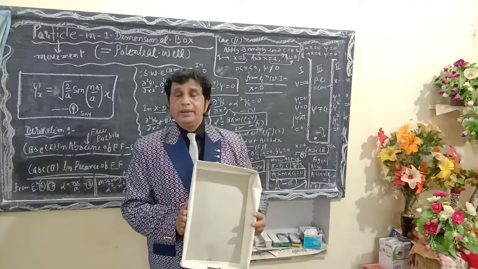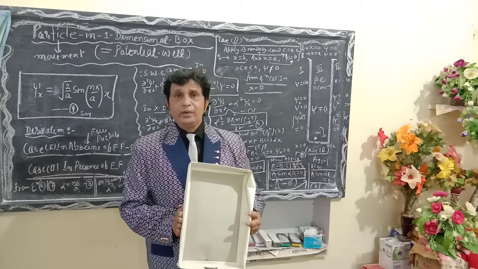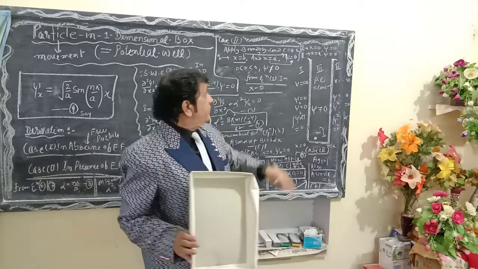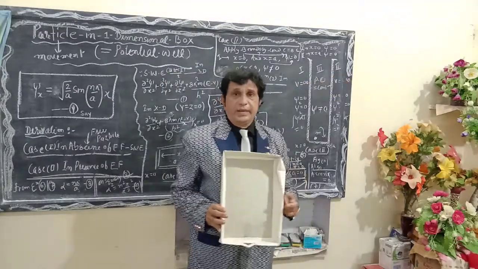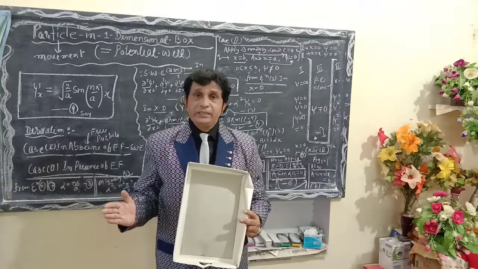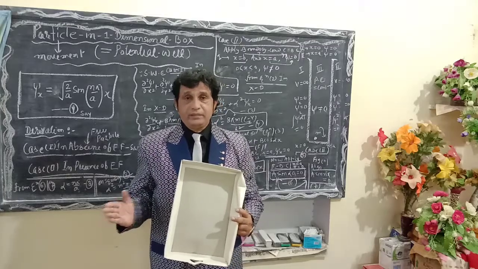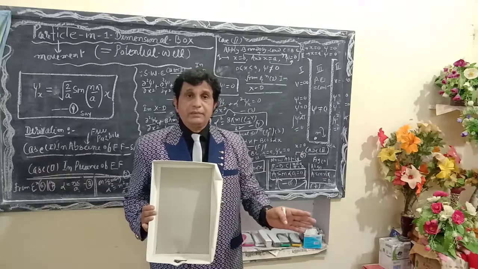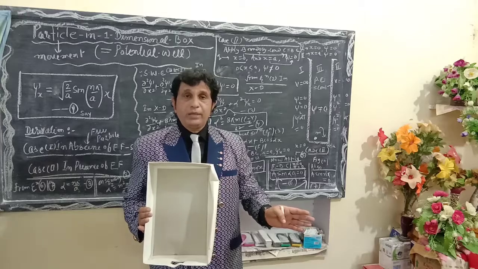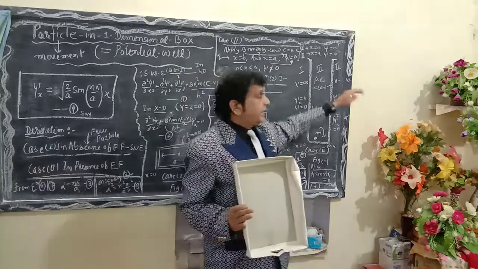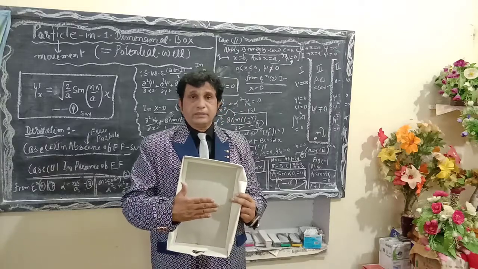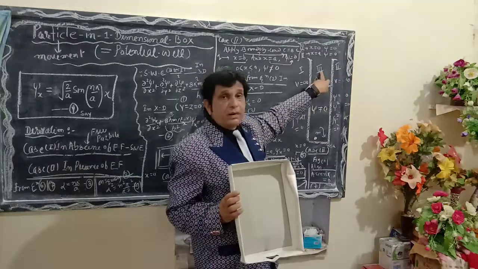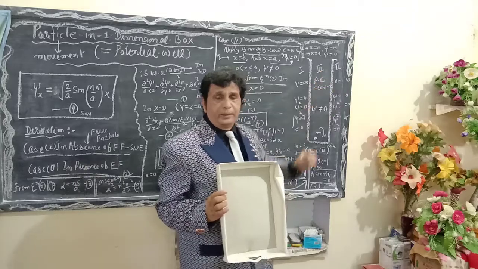This potential well is further divided into 3 parts: first, third, and second. On my right-hand side, the last part is denoted by second, and the mid part is also denoted by a number.